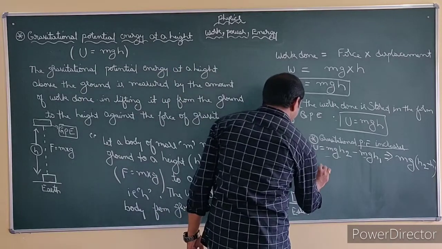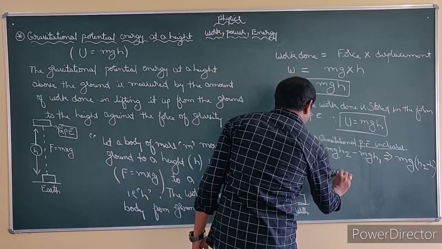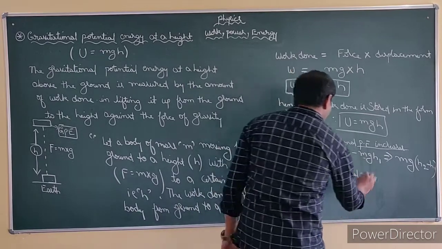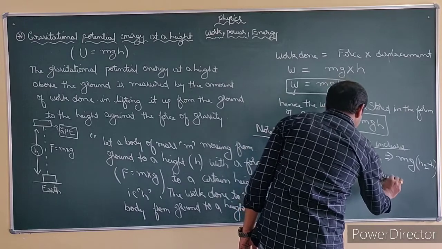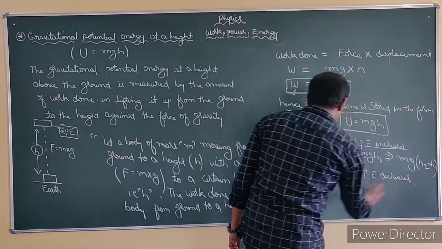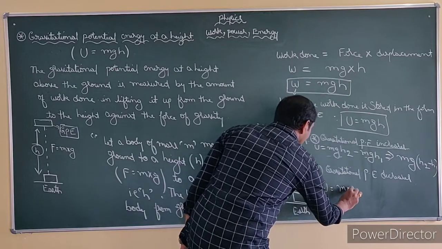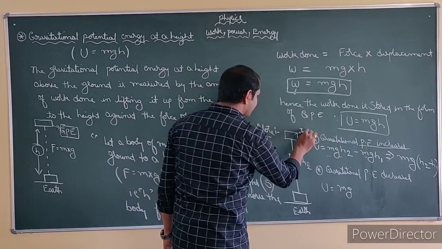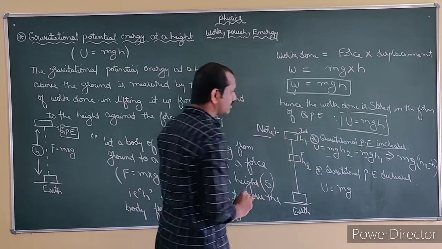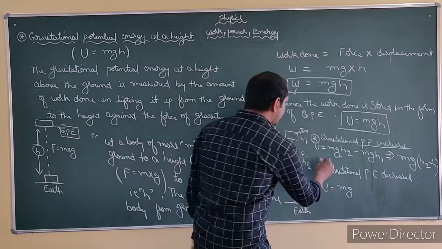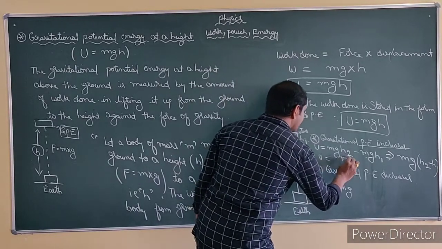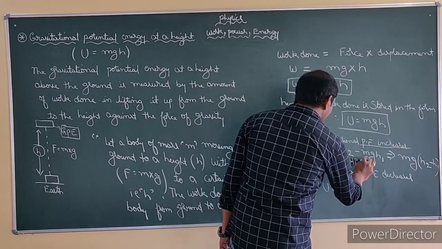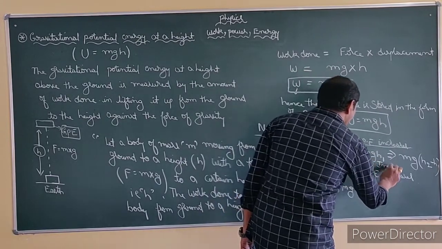So gravitational potential energy decreases. Here we can take U is equal to final potential energy minus initial potential energy.